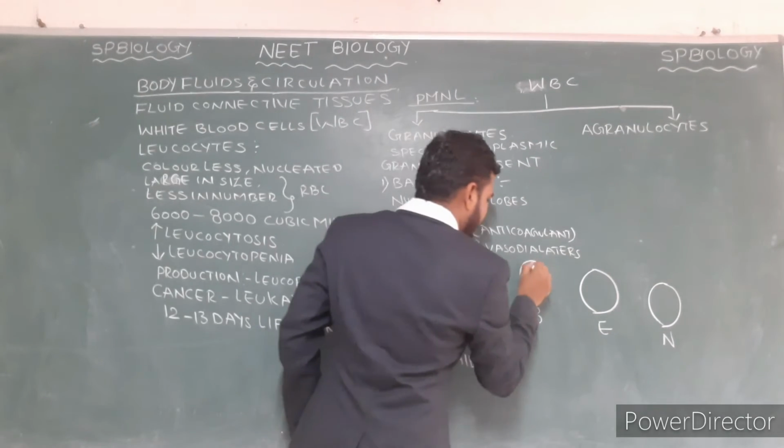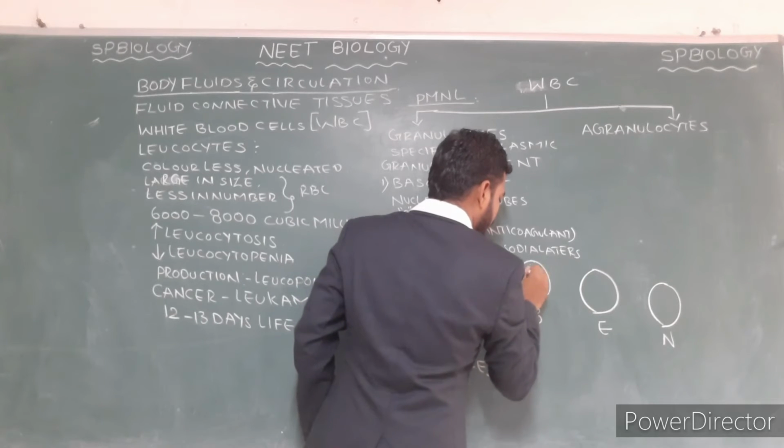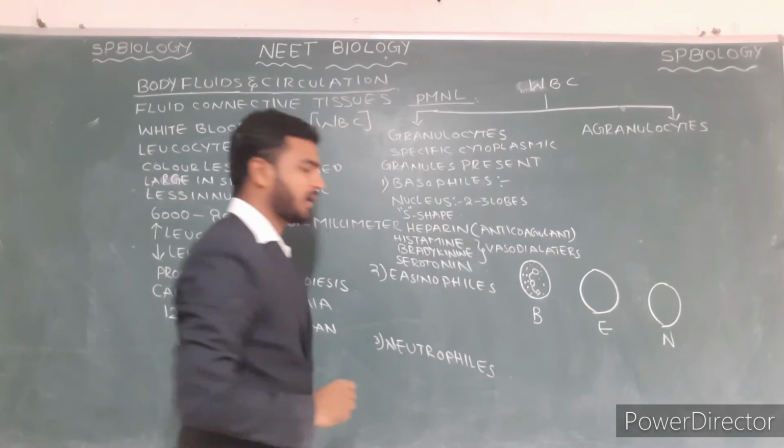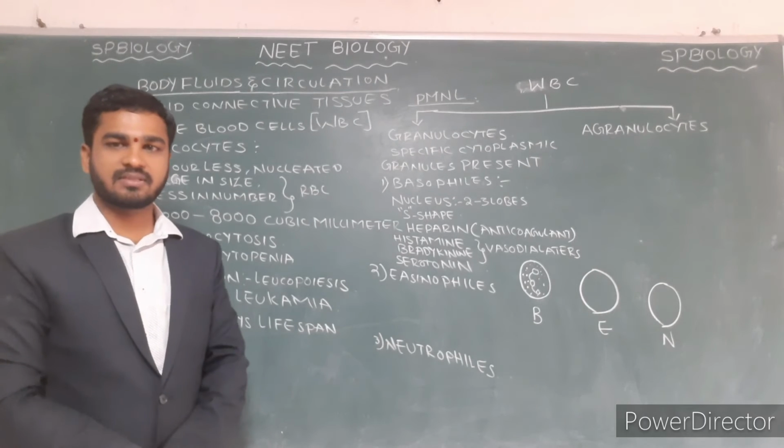The cytoplasmic granules are very small and irregularly arranged in the basophils.